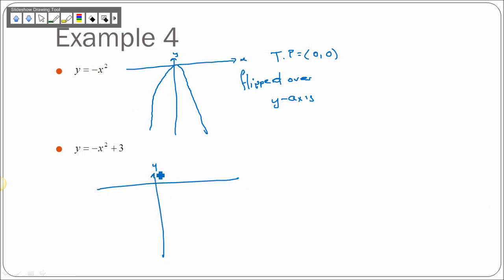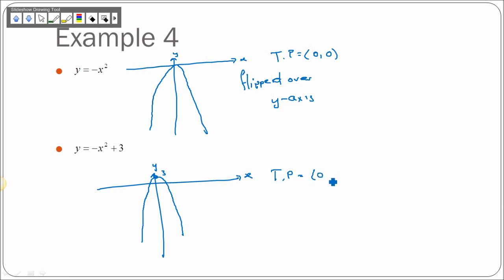Okay, so putting our axes y and x. Now, can you remember what happens? This is example number 1. What happens when we plus 3 to it? That's right, it moves it up the y-axis. So it's going to come up here, it's going to go over, and then it's going to come back down again. And this is at the number 3. So the turning point is different from the previous one.